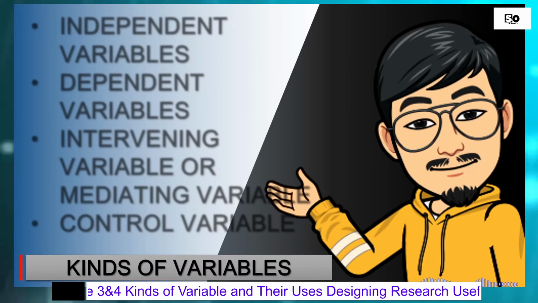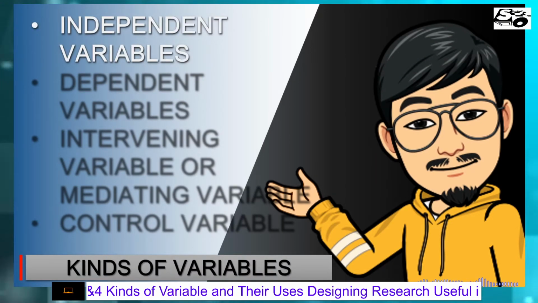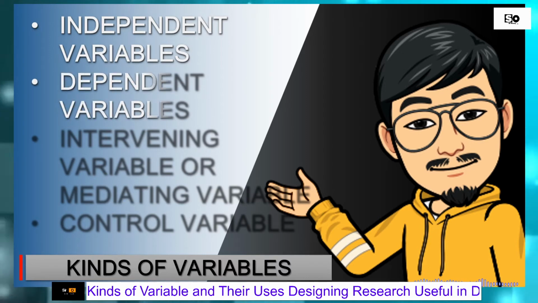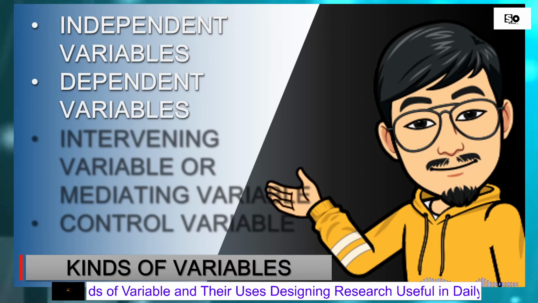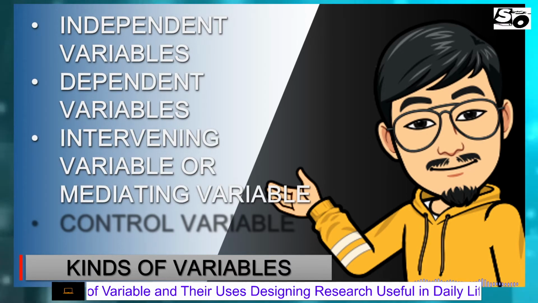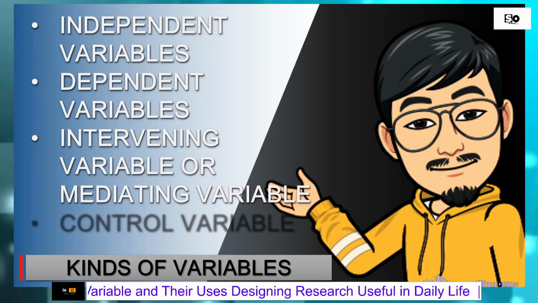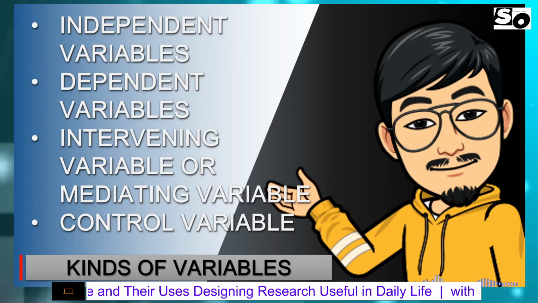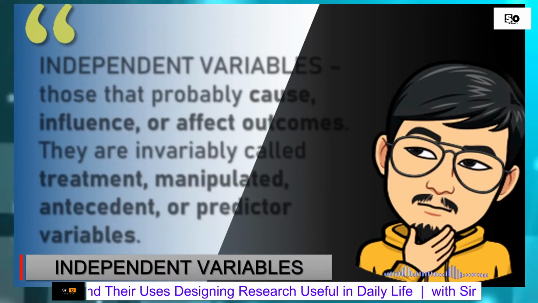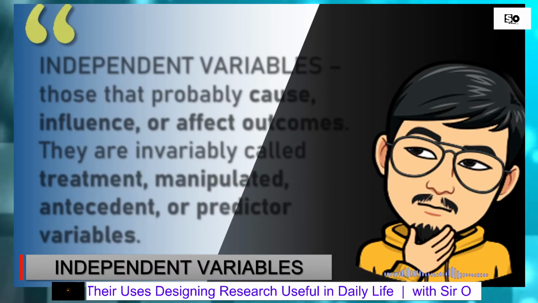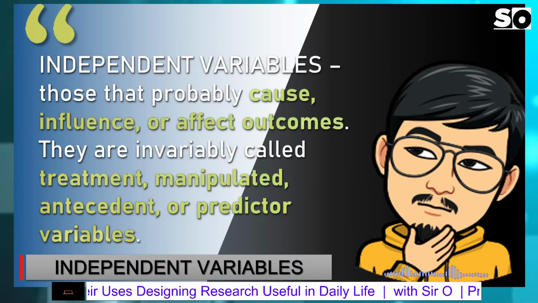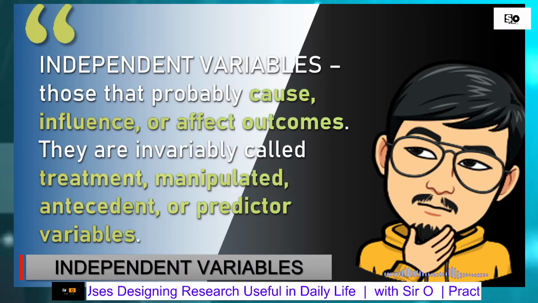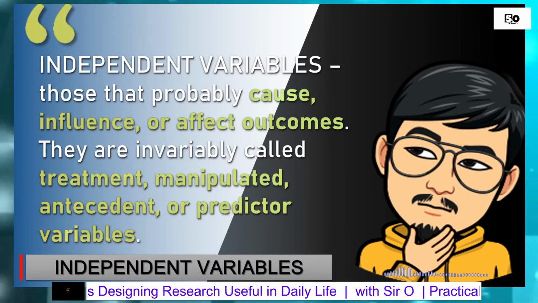The following are kinds of variables: independent variables, dependent variables, intervening variable or mediating variable, and last is the control variable. Independent variables, those that probably cause, influence, or affect outcomes.